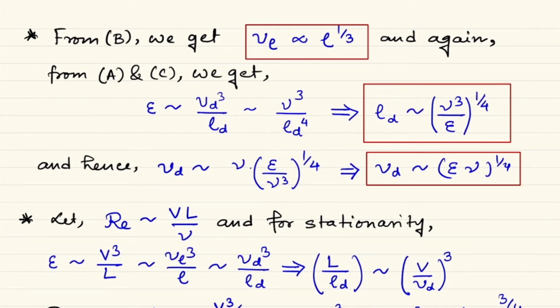Then you can write L_D will be of the order of eta, nu cube by epsilon to the power 1 by 4.